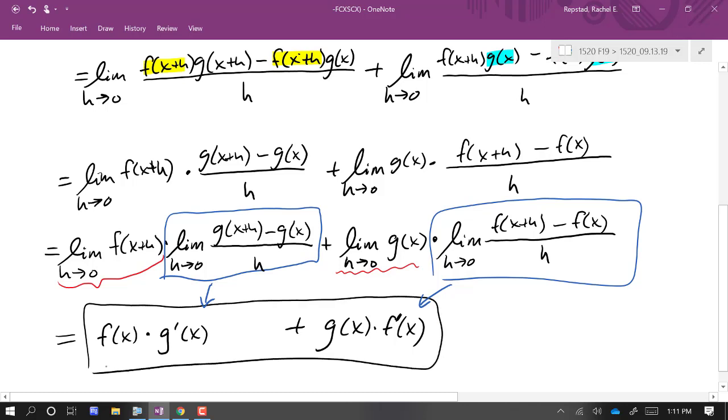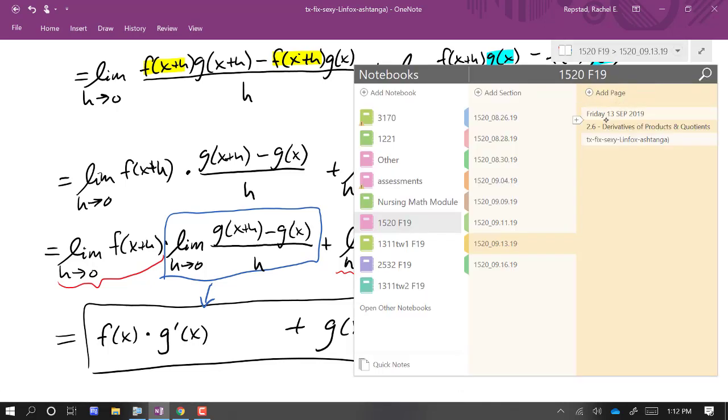I've written the sum here, derived in a different order, but of course addition is commutative, so it's the same thing as presented in the notes. So this is why the product rule is true. I'm not going to ask you to recreate that process, but I wanted to convince you, and hopefully I have.